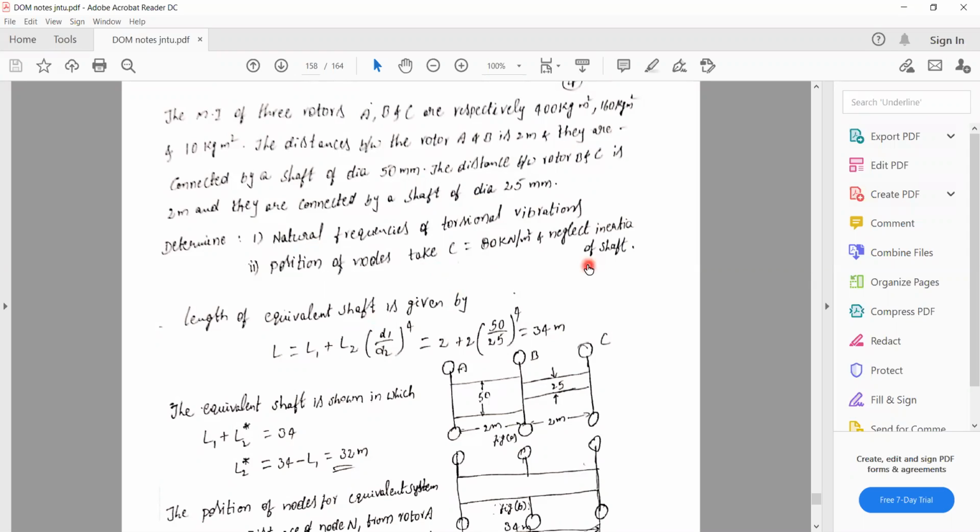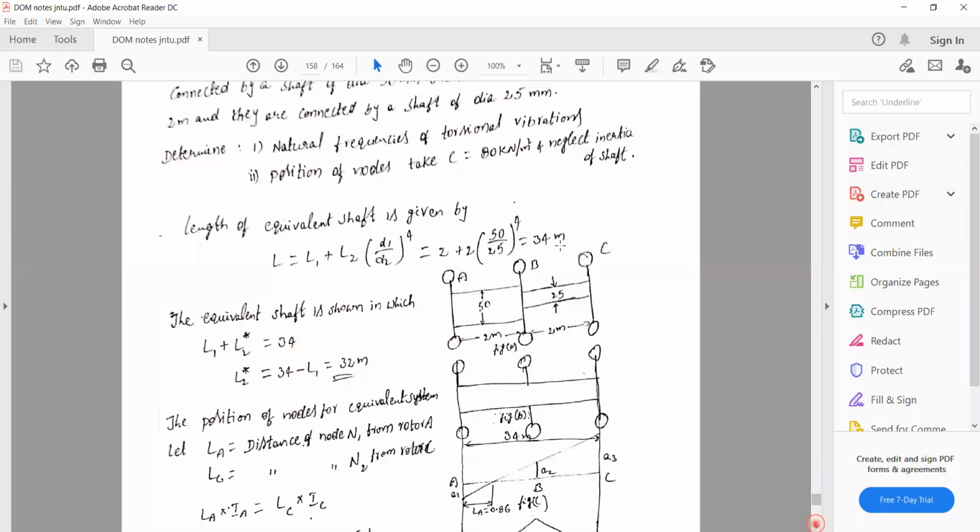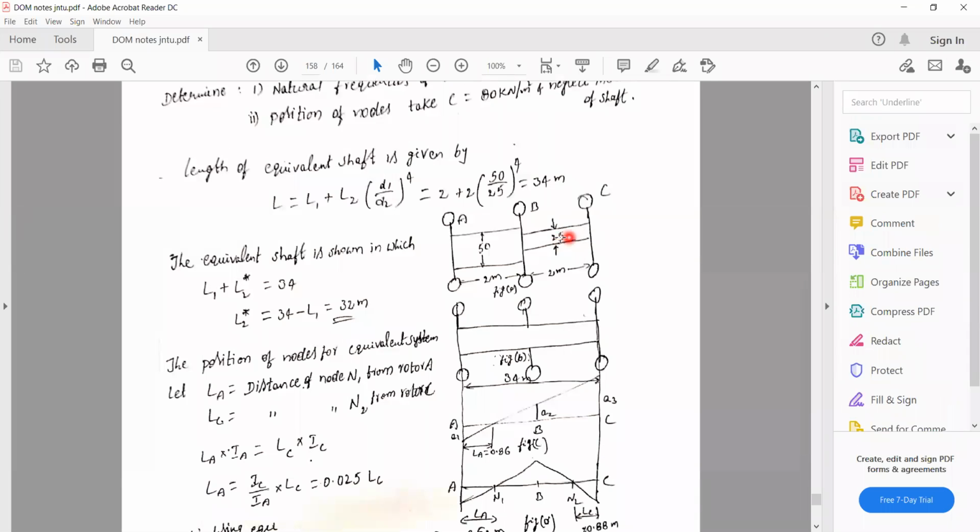Now, we just have to draw the rough diagram. By the help of the problem description, the first diameter of the shaft is 50 mm and the second diameter is 25 mm, and their lengths are 2 meters and 2 meters. The first shaft has two rotors, A and B, and the second is B and C. Three rotors have been arranged here.